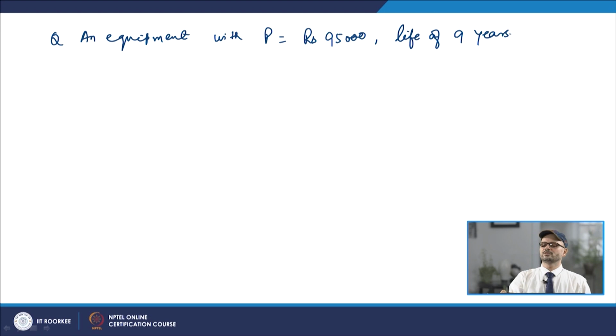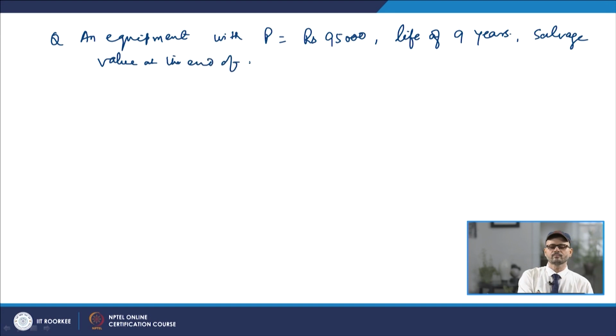You are supposed to find the book values, but it is also given that the salvage value at the end of its life is rupees 5,000. P is the first cost.